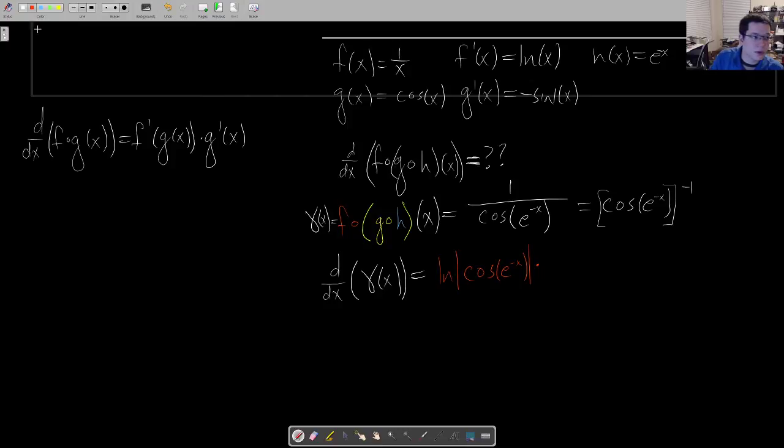times, then in yellow, the derivative of this inside piece. So the derivative of cosine is negative sine of e to the negative x times the derivative of the inside on the last leg. Derivative of e to the negative x is negative e to the negative x.